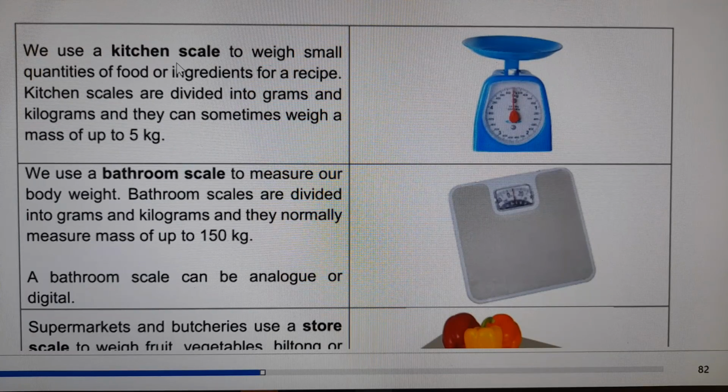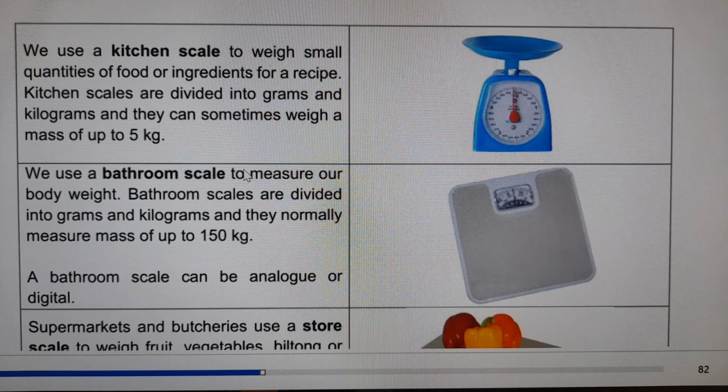We have a kitchen scale. We use a kitchen scale to weigh small quantities of food or ingredients for a recipe. Kitchen scales are divided into grams and kilograms, and they can sometimes weigh a mass of up to 5 kilograms. And we have a bathroom scale.